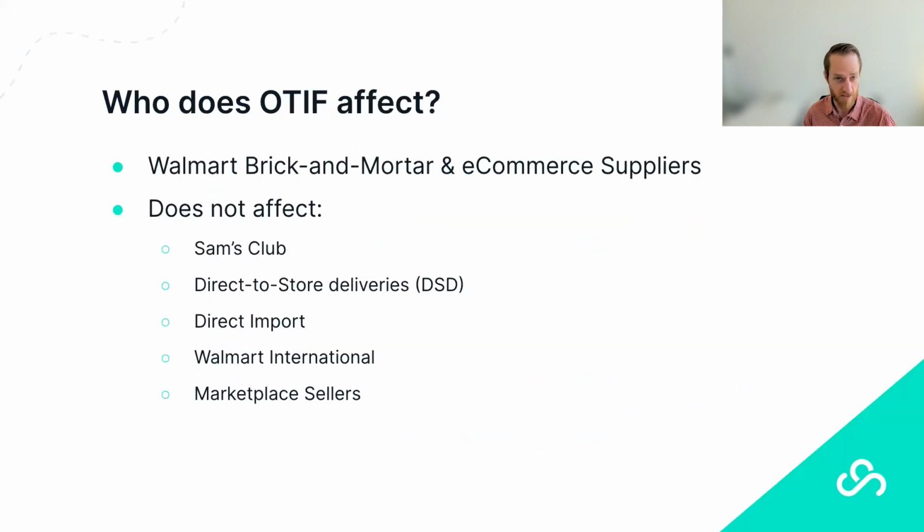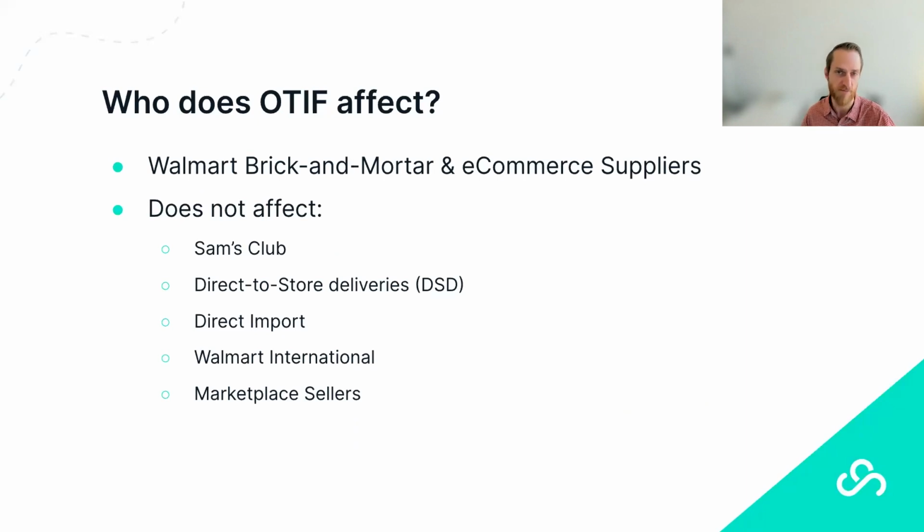So in terms of who this affects, if you ship product to Walmart DCs that ultimately then go on to the stores, or if you're an e-commerce supplier and Walmart fulfills products on walmart.com, then you're also affected by this OTIF program.